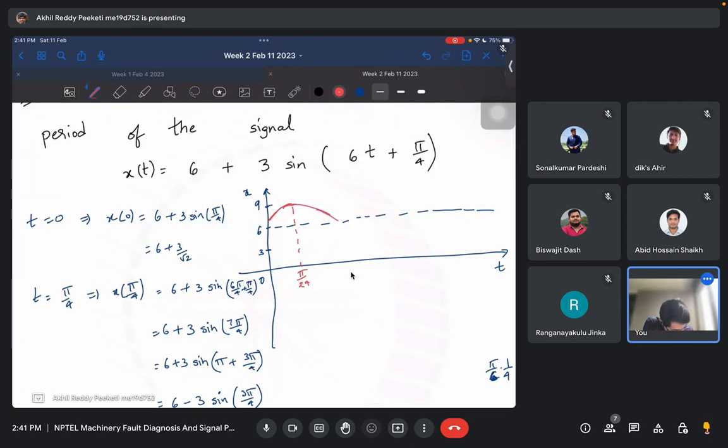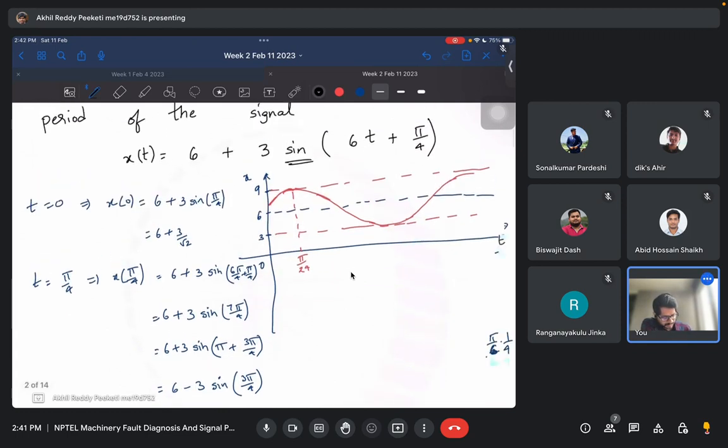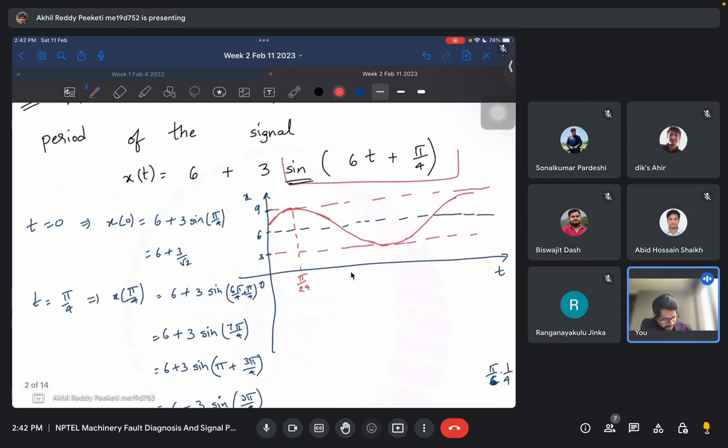So this is how this wave should look like, right? Because the maximum of sine is 1. Maximum of this value would always be 1 and the minimum is minus 1 if it is a sine function.